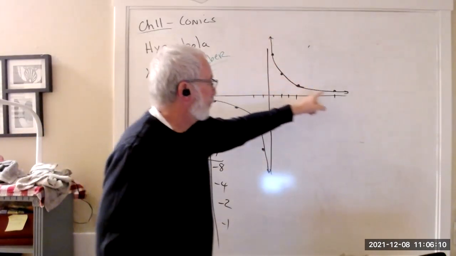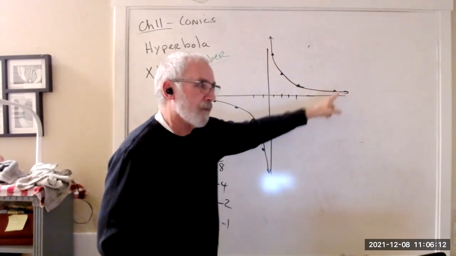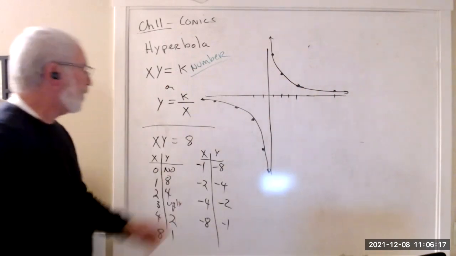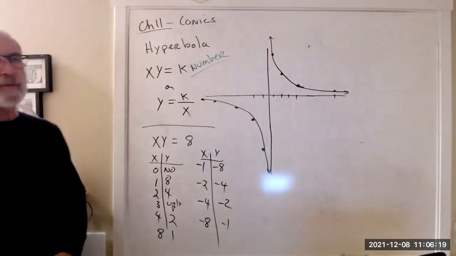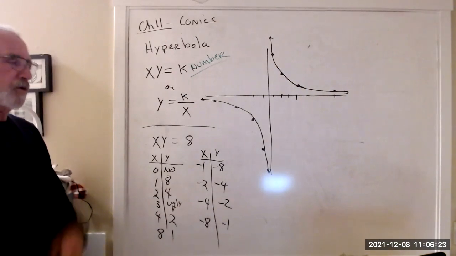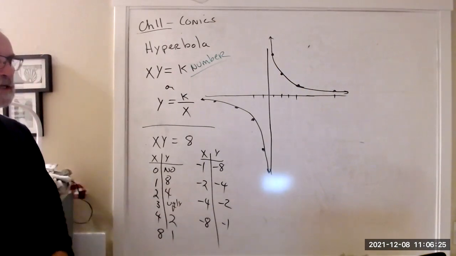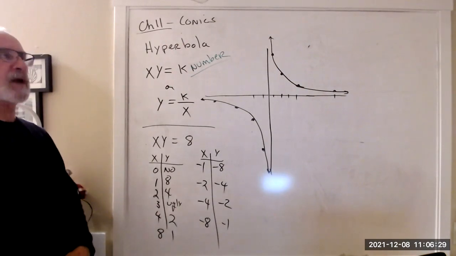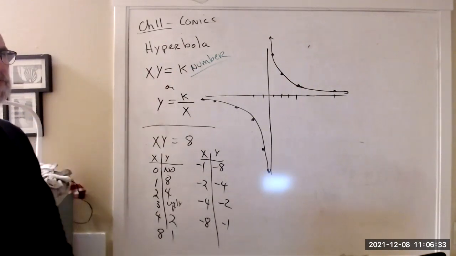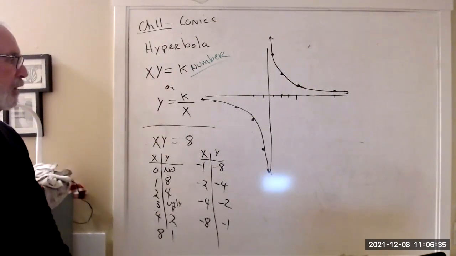It would jump over this line. So anyways, that's a hyperbola. You will see this particular one in future classes, especially in your calculus classes. They love to use this shape every once in a while.